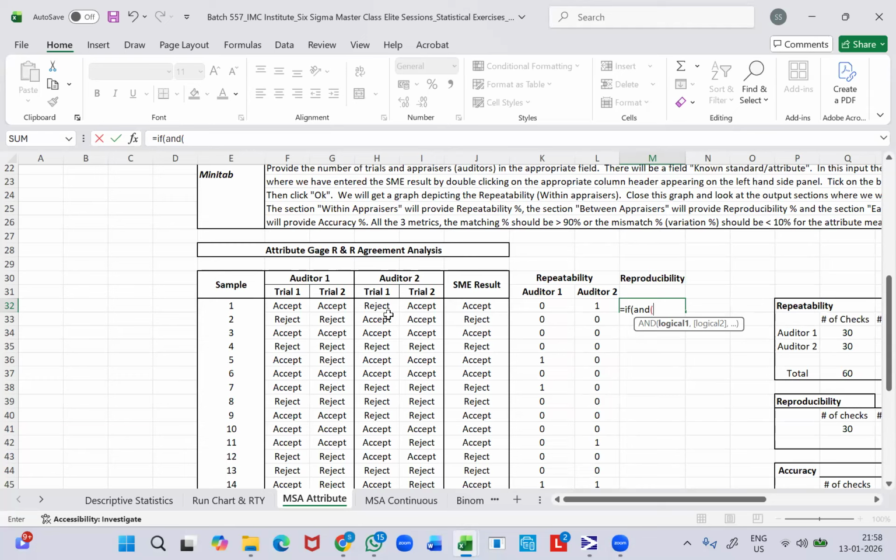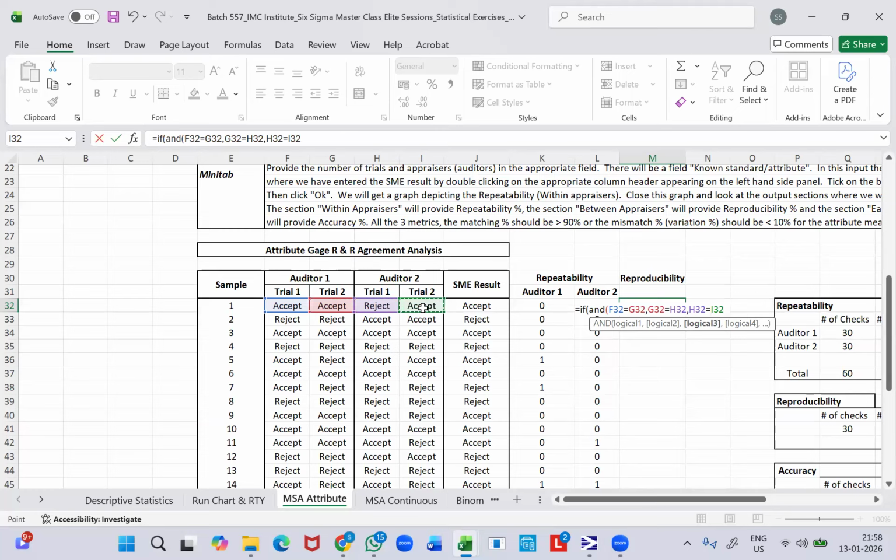Let us find out. So we use the IF AND formula. The trial 1 result of auditor 1 is equal to the trial 2 result of auditor 1. The trial 2 result of auditor 1 is equal to the trial 1 result of auditor 2. The trial 1 result of auditor 2 is equal to the trial 2 result of auditor 2.